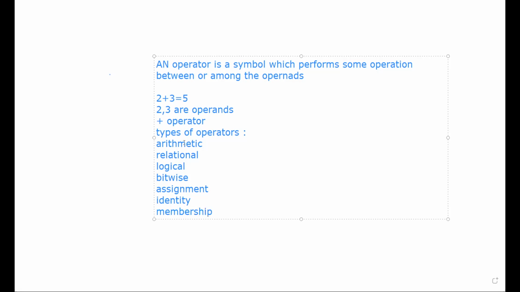So these are the 1, 2, 3, 4, 5, 6, 7 types of operators in Python.